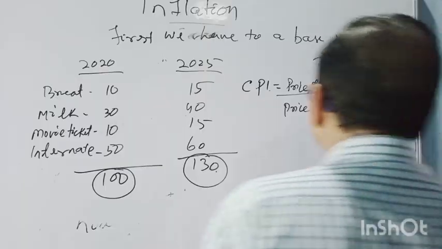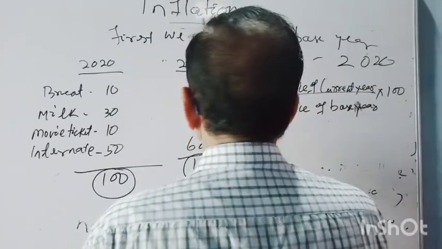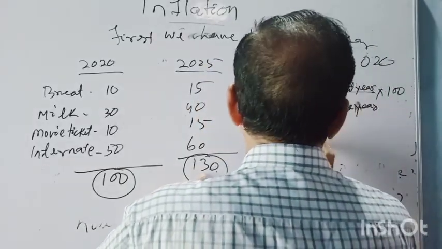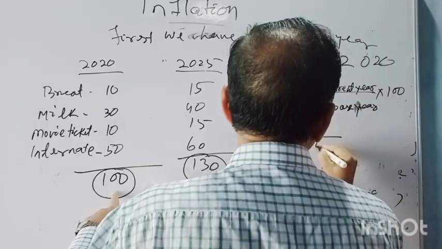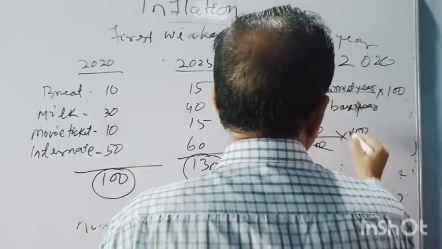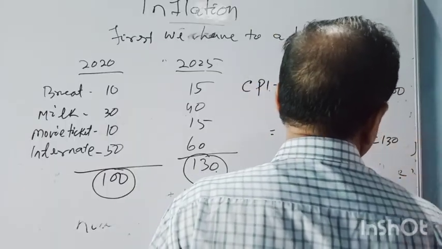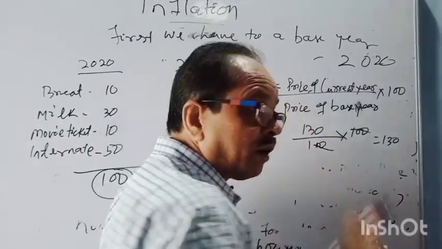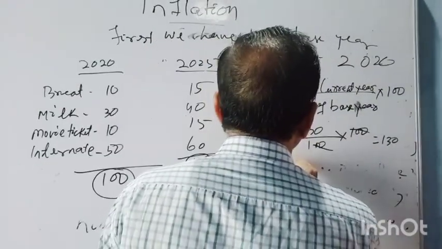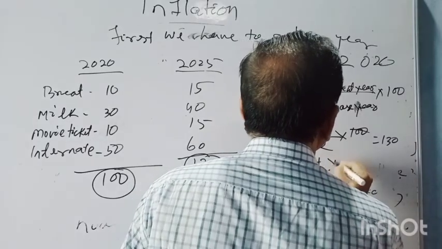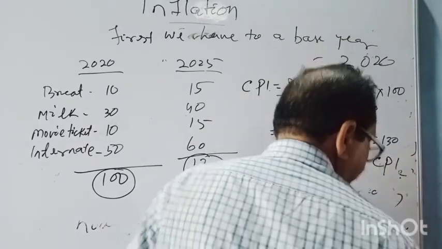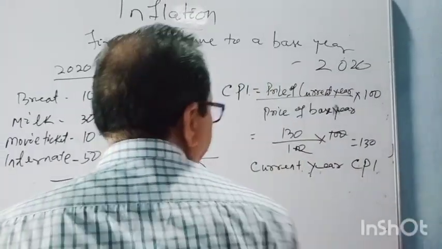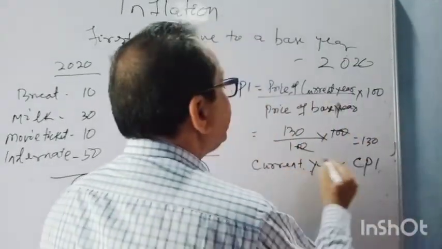Then 130 divided by 100 into 100 is equal to 130. CPI of this current year is 130.